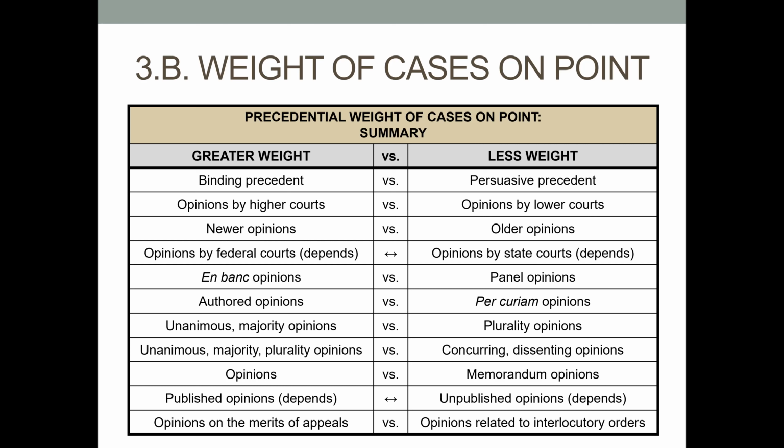So this is just to try to pull it together in a chart so that you can see at a glance what the key distinctions are that can affect the weight that a case on point will be given.